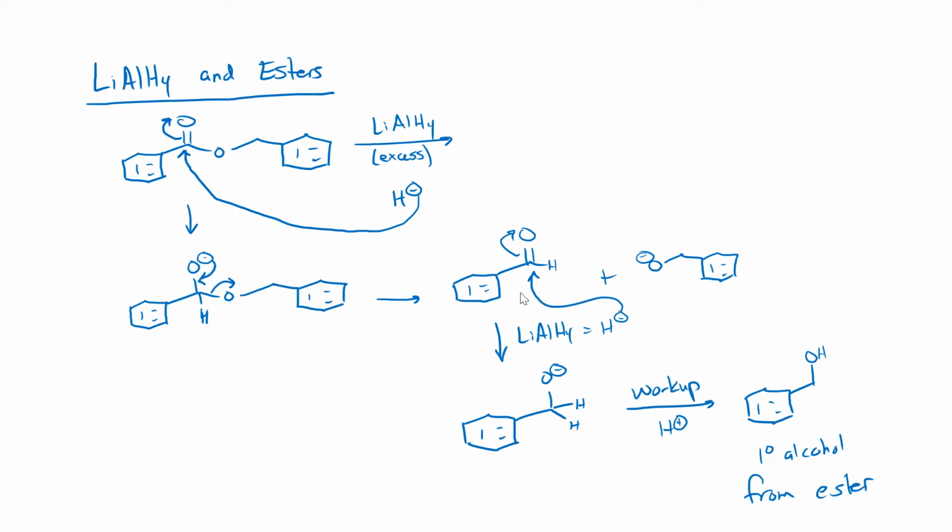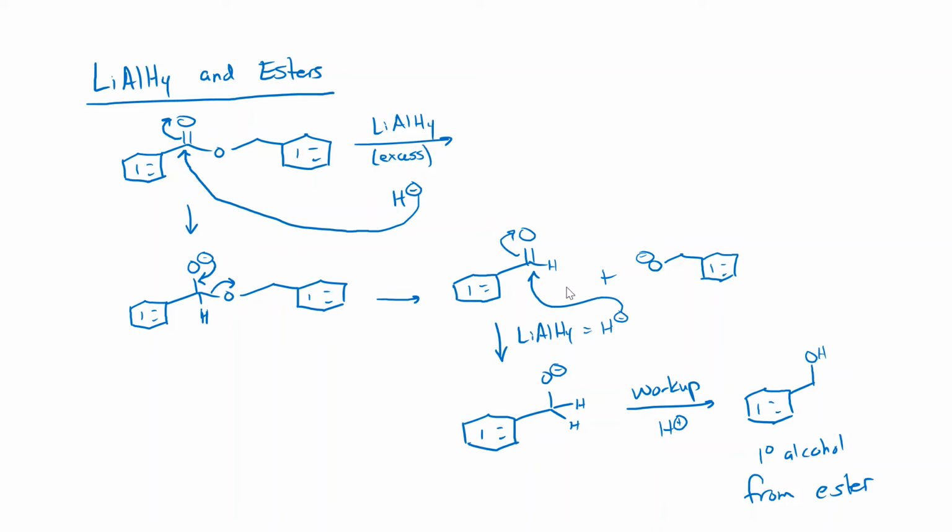There's not one side that's favored over the other, but what happens when we get to this side is our lithium aluminum hydride comes around, adds H minus, and all of a sudden we're down here and then we're stuck. We can't go backwards from here. We can't have this regenerate H minus and remake the aldehyde. And so this equilibrium kind of bounces back and forth between these two until that aldehyde reacts with the H minus, and then slowly everything kind of filters down until we get all the primary alcohol out of this reaction, right?